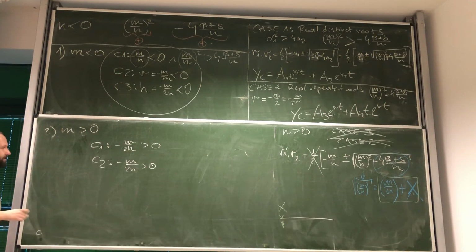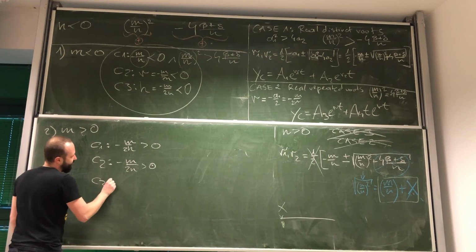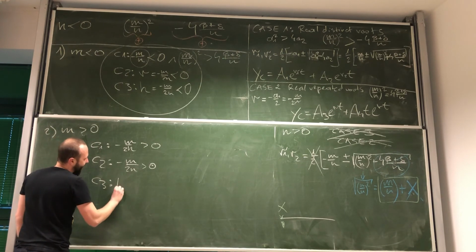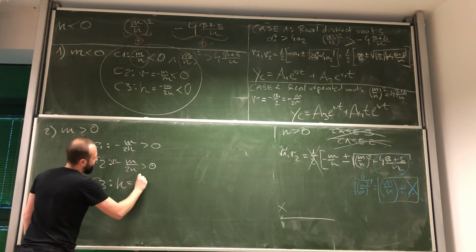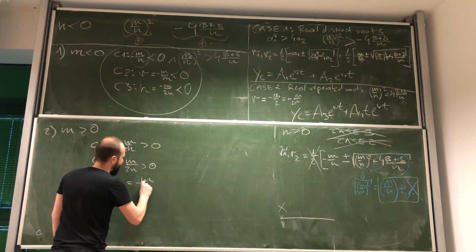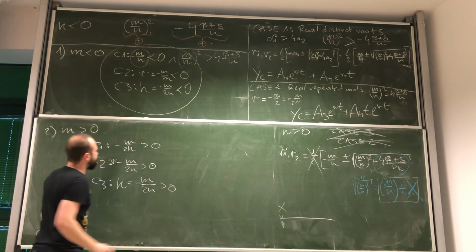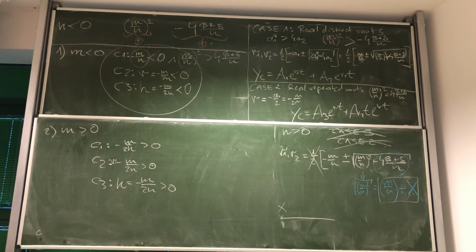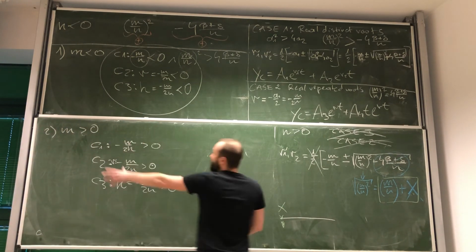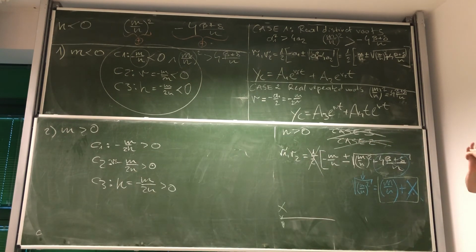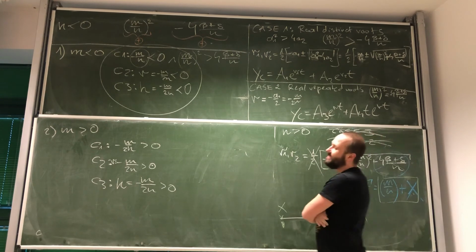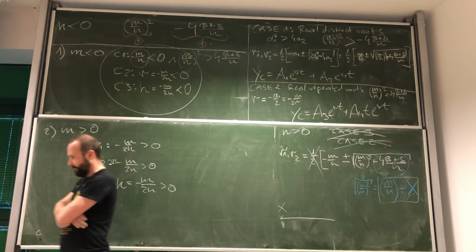And in case number 3, where we talk about h, not r, like here, h is also negative m over 2n, and it's bigger than 0. So, regardless of the case under which we are, we will have dynamic instability.